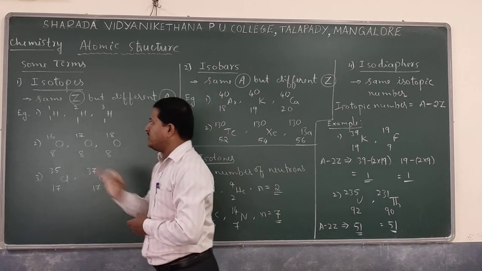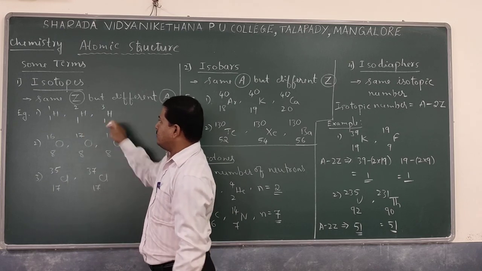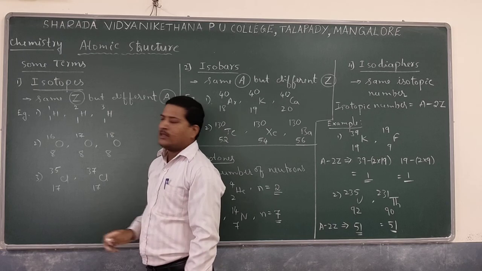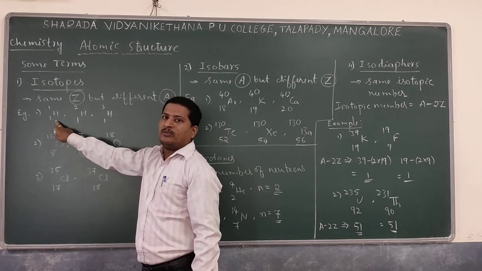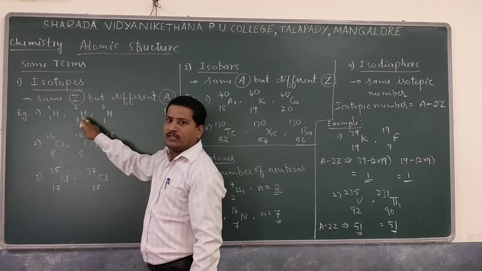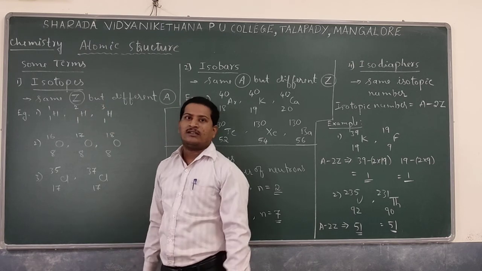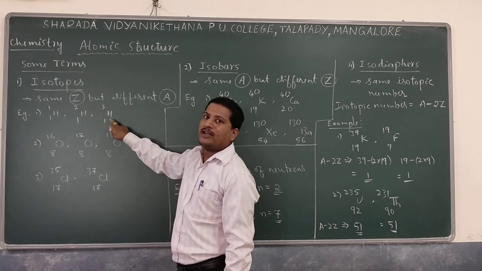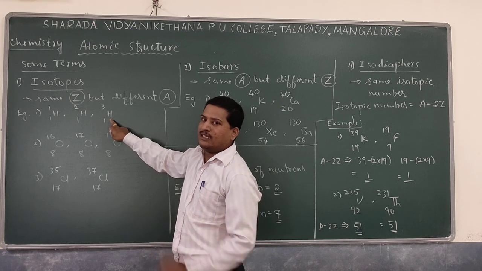Let us go with some examples. The isotopes of hydrogen are 1H1, 1H2, 1H3. 1H1 is protium, 1H2 is deuterium, 1H3 is tritium. In that, 1H3 or tritium is a radioactive element. Its lifetime is short, it is unstable.